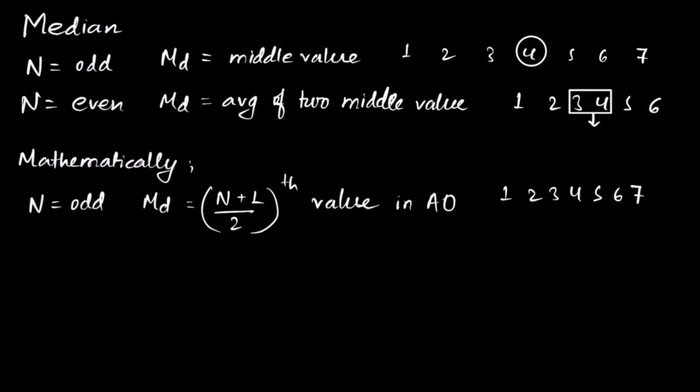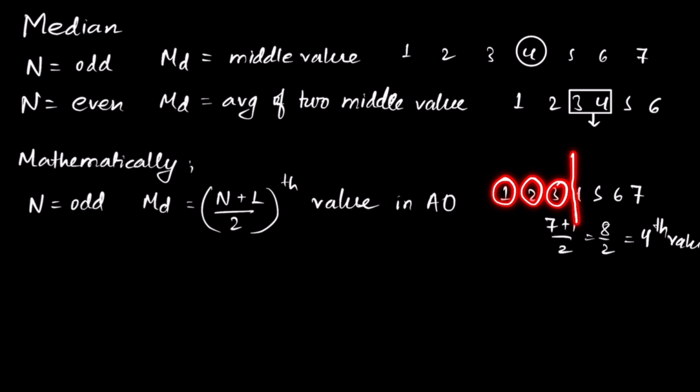Here there are a total of 7 values arranged in ascending order. So 7 plus 1 by 2, or 8 by 2, or the fourth value. Now you need to find the fourth value. This is the first value, this is the second value, this is the third value, and this right here is the fourth value, and this is the median for the given distribution.